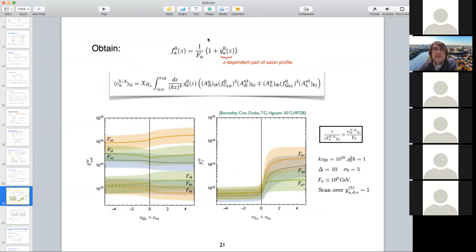It has a constant piece, and then it has a Z-dependent part, which varies in the bulk. And if you perform the overlap integral between the axion and the fermion profile, which is also Z-dependent, then you'll generate these Axion-fermion couplings. And the notation that people use is over here in the box.